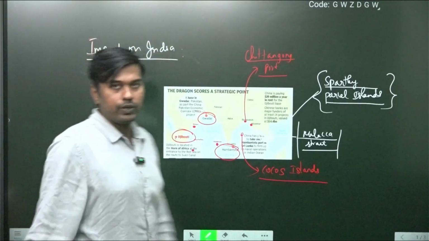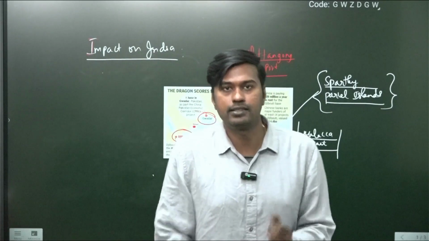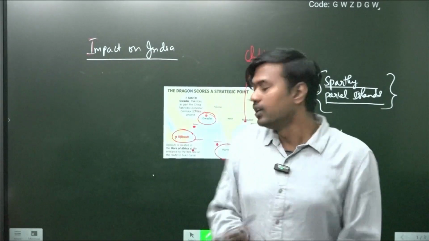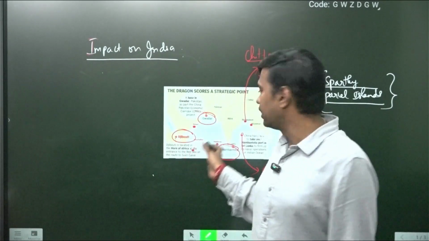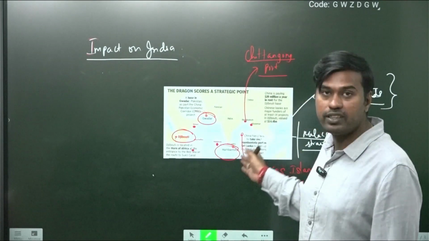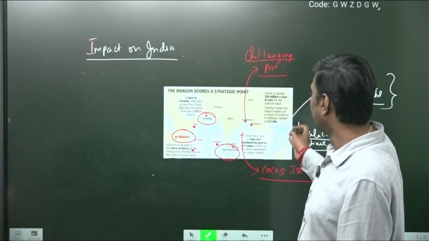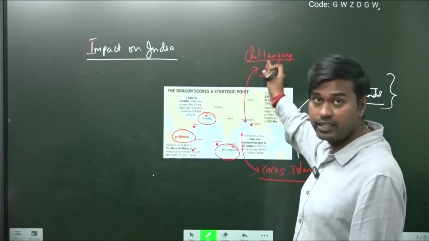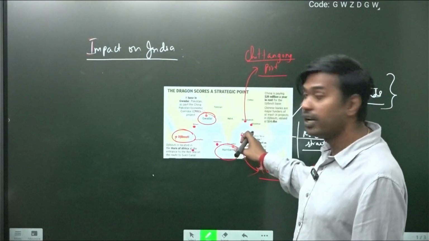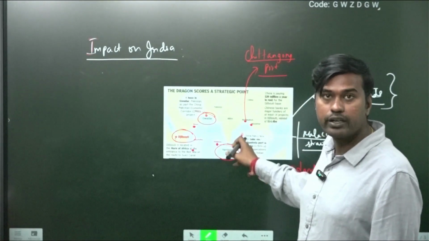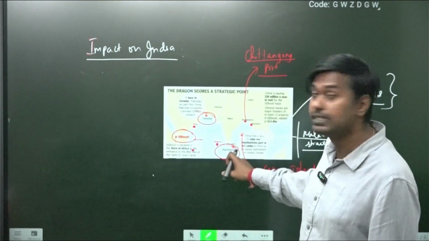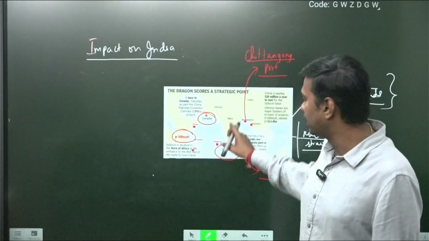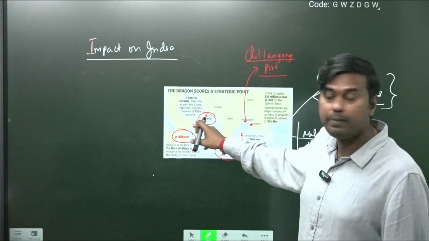Friends, here we need to understand some major important things. The first most important thing is the dominant presence of China by constructing various ports in the Indian Ocean region, starting from the Spratly and Paracel Islands in the South China Sea, then in Bangladesh they have Chittagong port, and in Myanmar they have Cocos Island, which is located near the Andaman and Nicobar Islands, and in Sri Lanka Hambantota port, and in Pakistan as part of the CPEC corridor.